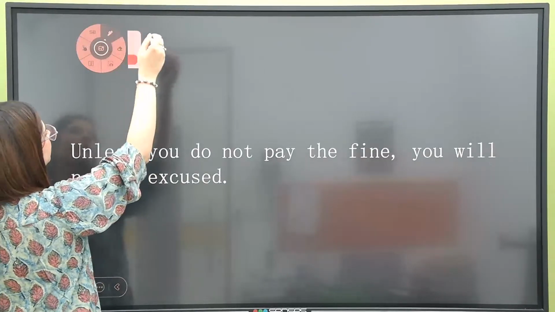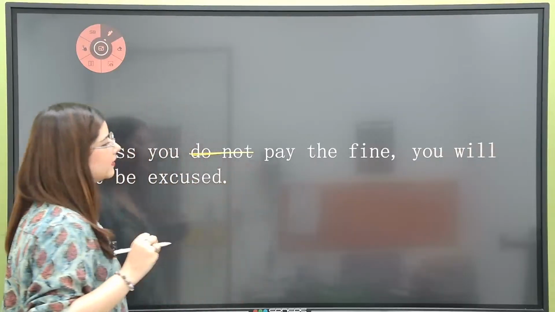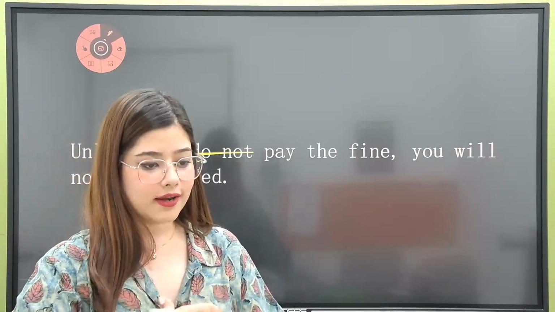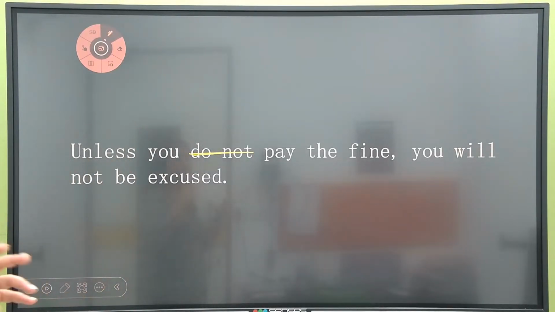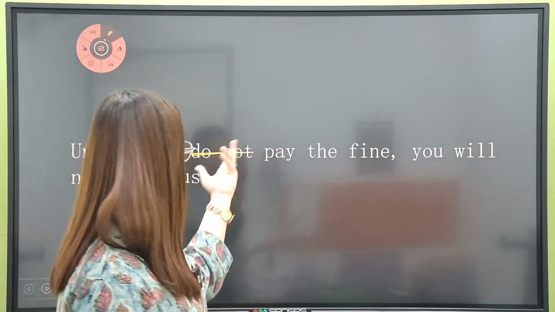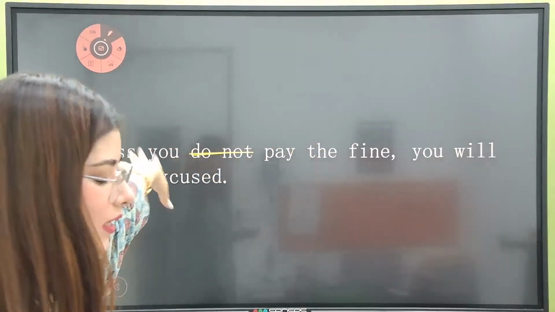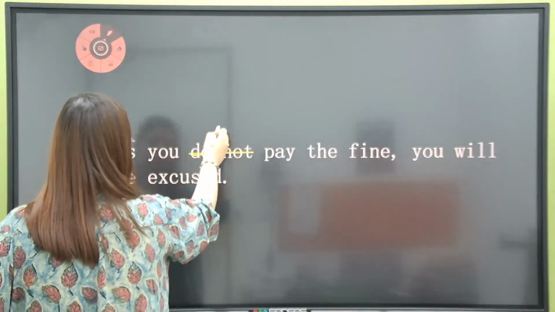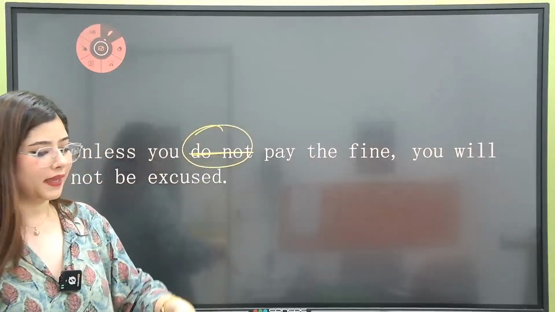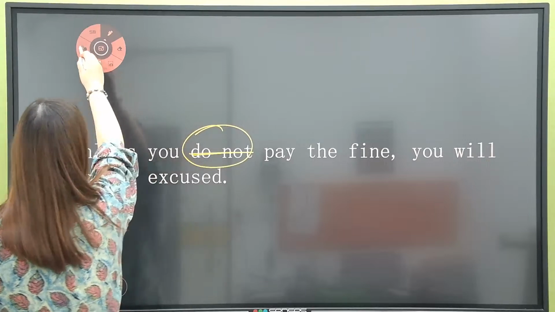Unless you pay the fine, it itself means that if you do not pay the fine, you will not be excused. So it is already posing a condition. You do not need to add this here. Unless you pay the fine, you will not be excused.